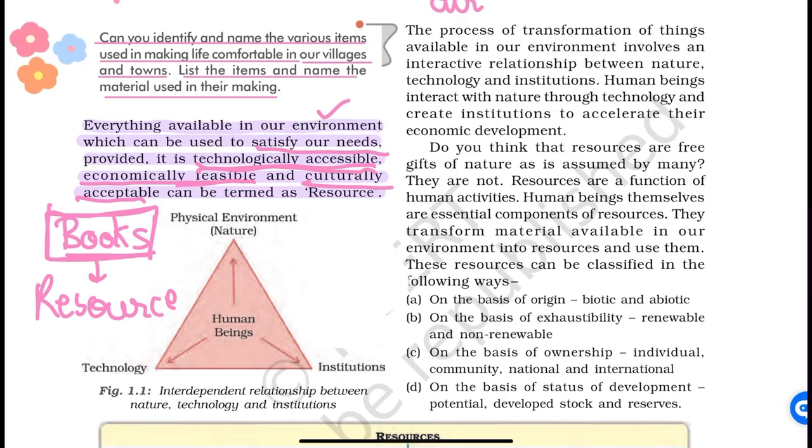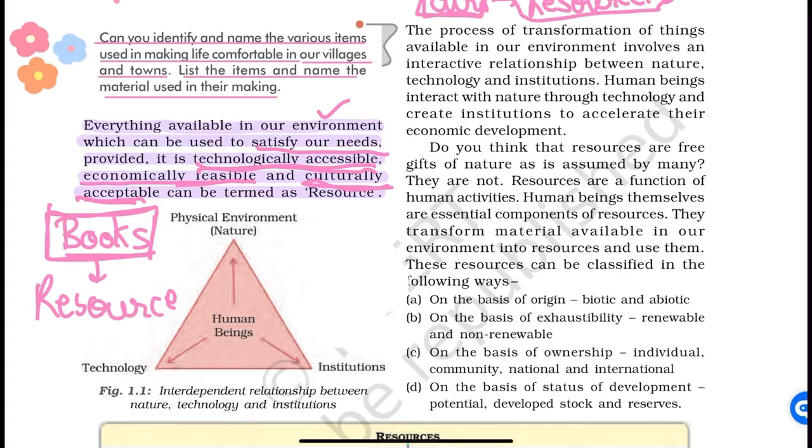Air doesn't take anything from you, so it's obviously feasible. And it's culturally acceptable. It's not related to any culture, any religion. It's present in our environment, so it's a resource.